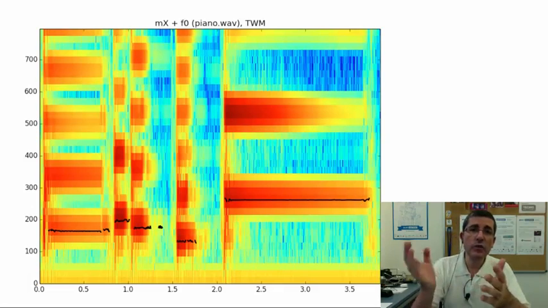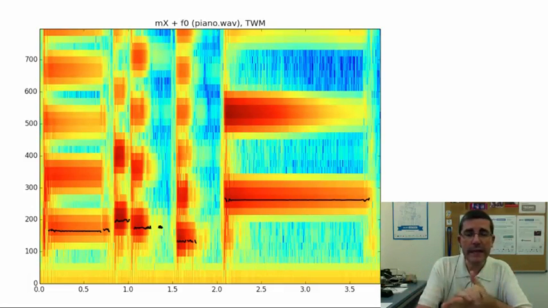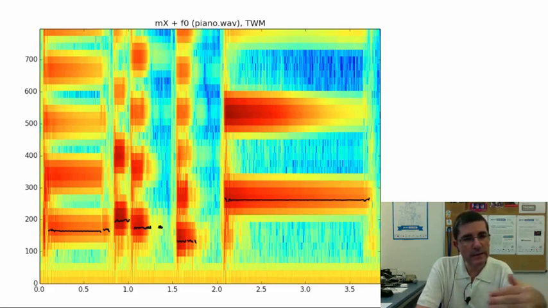But let's look at a sound that is more complicated, the piano sound that we mentioned before. And this is the result of the best fundamental frequency identified by the two-way mismatch of this phrase. So the black line is the minima of that error function at different moments as they vary in time.